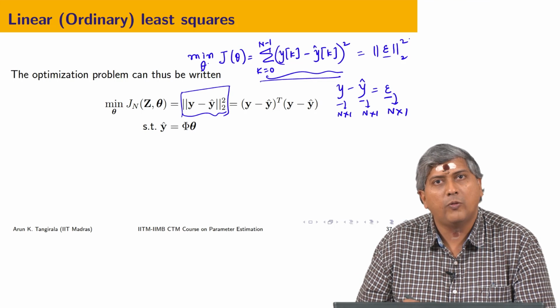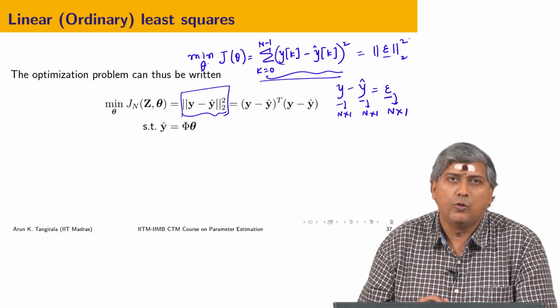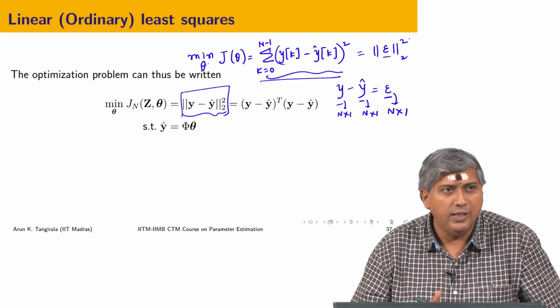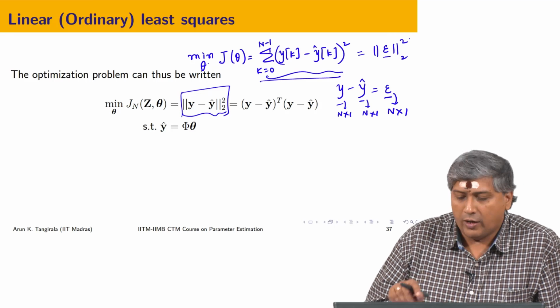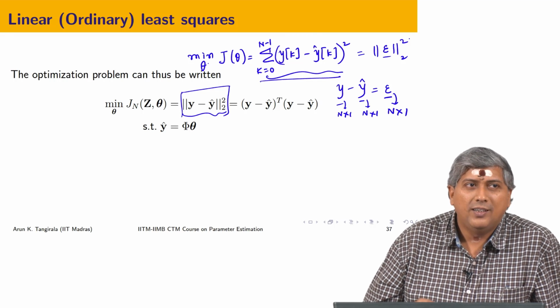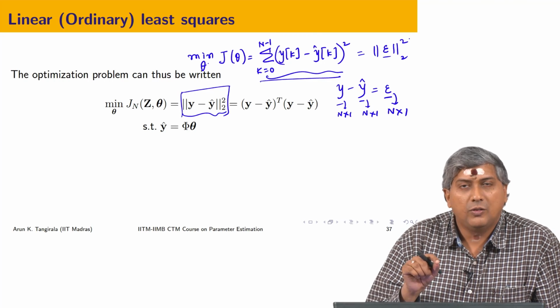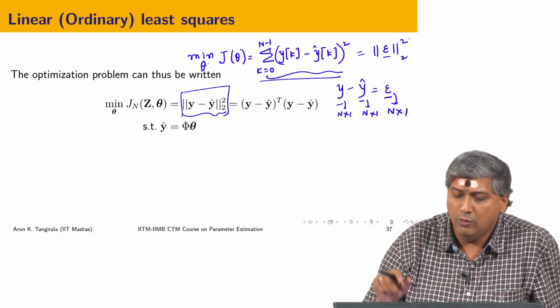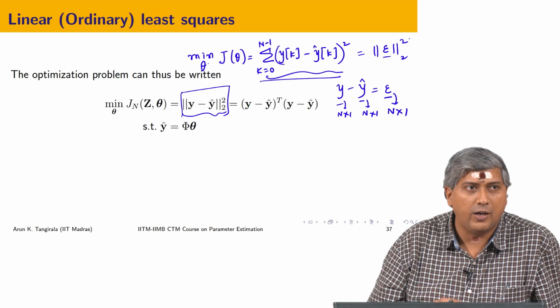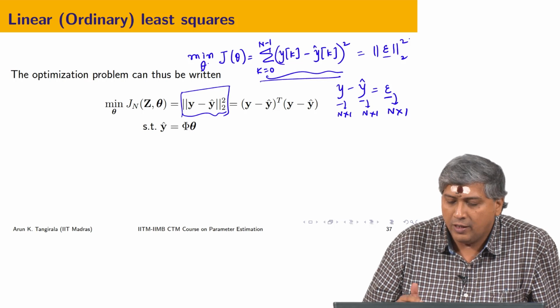What is a squared 2 norm of a vector? I leave it to you to figure out. It is a very, very easy quantity, just one click of a mouse or tap on your phone with the keywords 2 norm of a vector will get you the answer, and then you will understand how we are able to write the sum square as a squared 2 norm of a vector. Simple exercise.